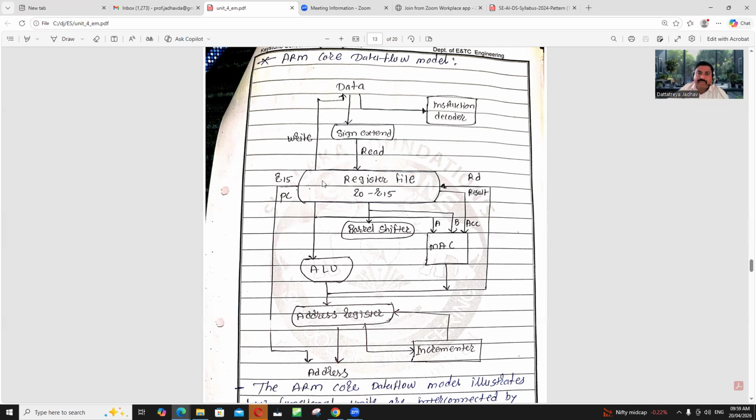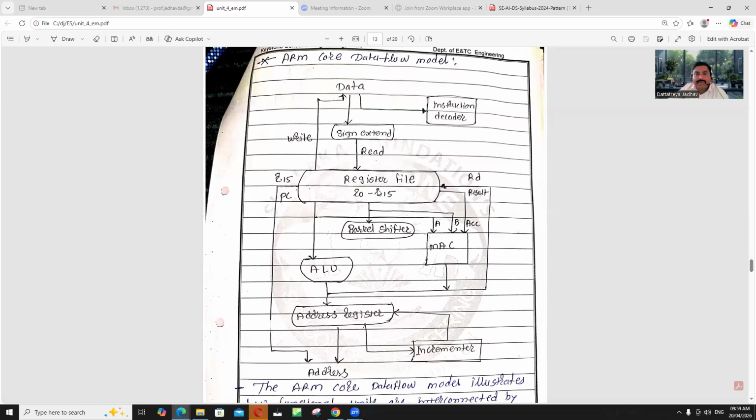After collecting the data, the instruction goes to the ALU, or barrel shifter, or sometimes the MAC, depending on the operation. The ALU executes its operation, like A plus B. Whatever result comes from either the ALU or MAC is stored again into a register for the update.